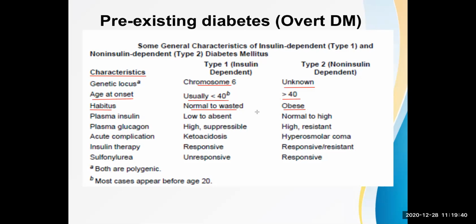Now see, they are usually wasted, meaning they are very lean and thin in type 1 diabetes. Without insulin, our body will develop a catabolic state. Catabolic state means we are not synthesizing a lot of important things, so there will be severe weight loss.